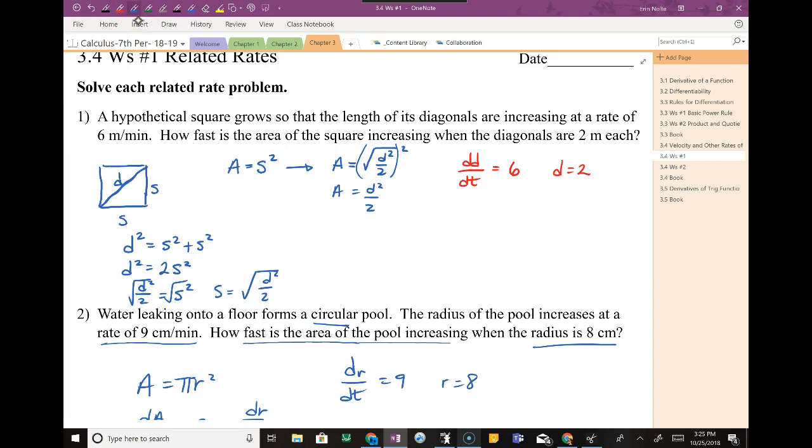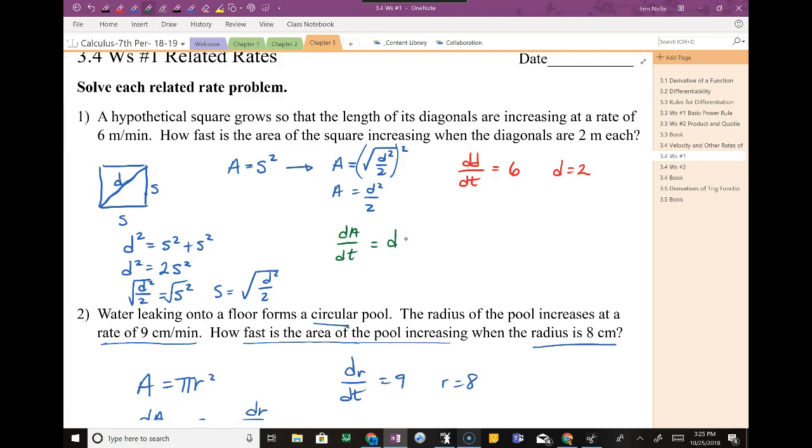Okay, the derivative of A. So dA/dt. What is the derivative of 1/2 d squared? You see why I wanted that 1/2 out front? So, what did you say? 2d over 2, which cancels the 2's. So d, right? Is everybody okay with that d?